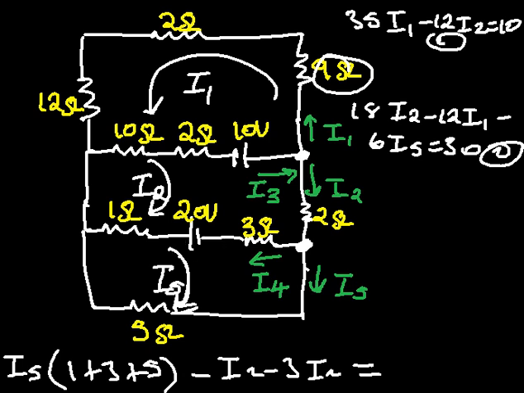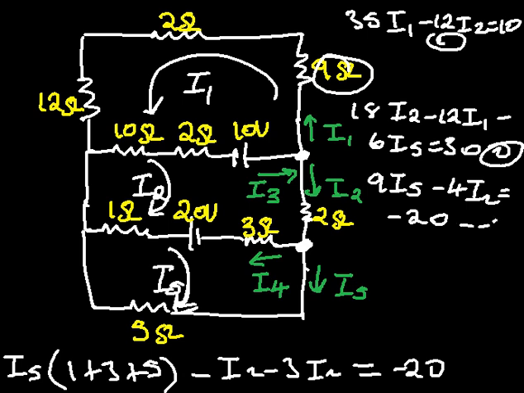That will be given as negative 20. Upon simplifying, we have 9 I5 minus 4 I2 is equal to negative 20. Now this is the third equation.